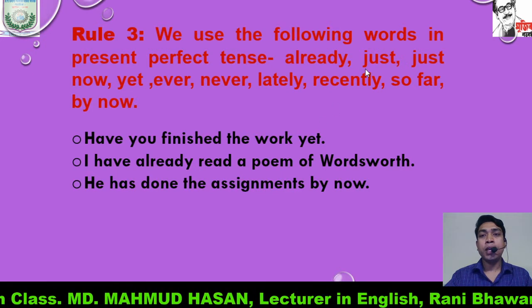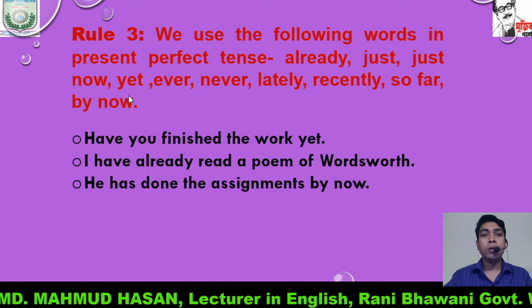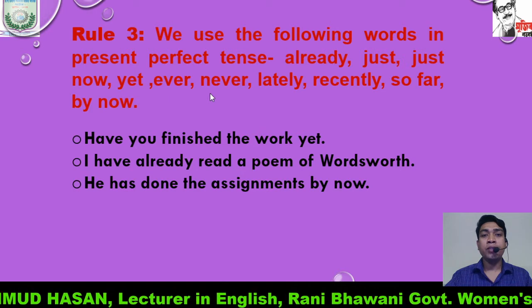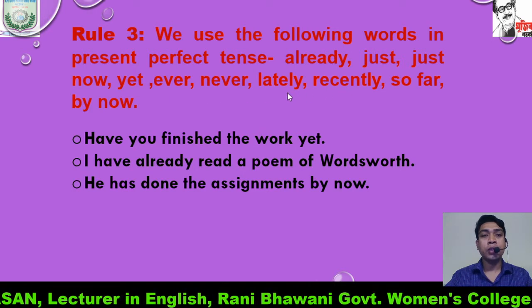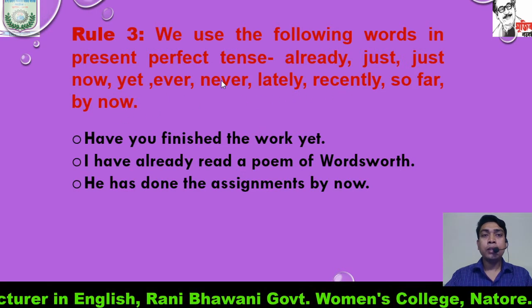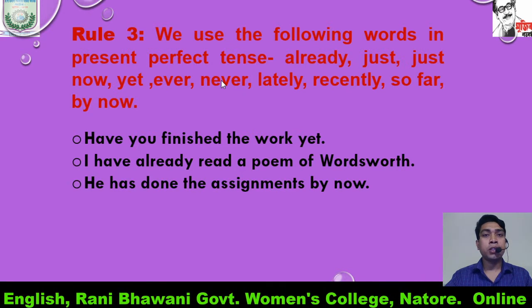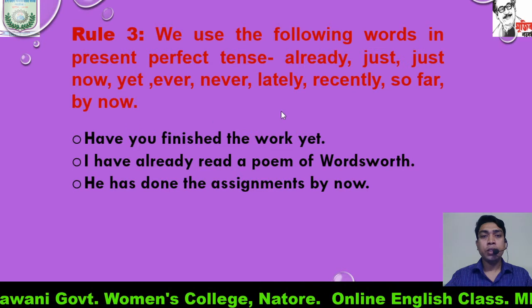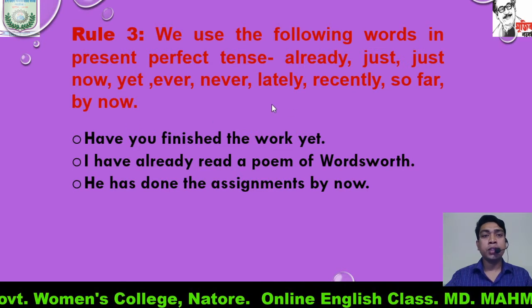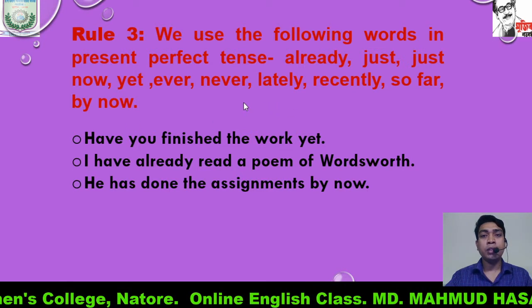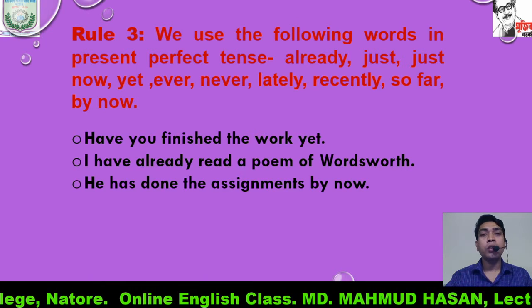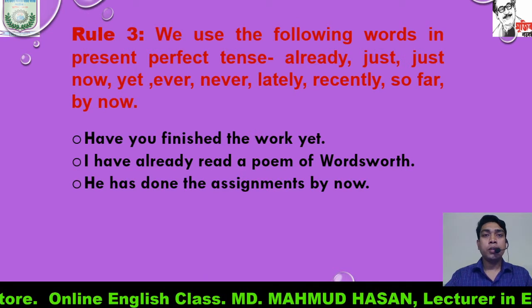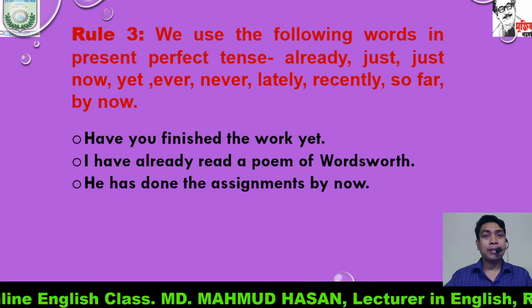Already, just now, yet, ever, never, lately, recently, so far, by now. These are some markers or indicators of present perfect tense. If we face all these words, we will use present perfect tense.